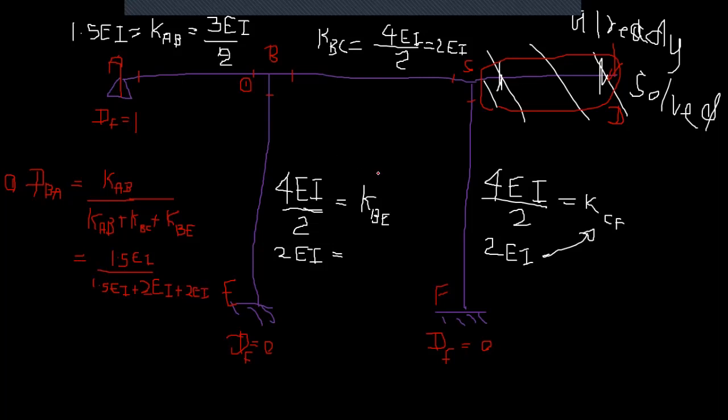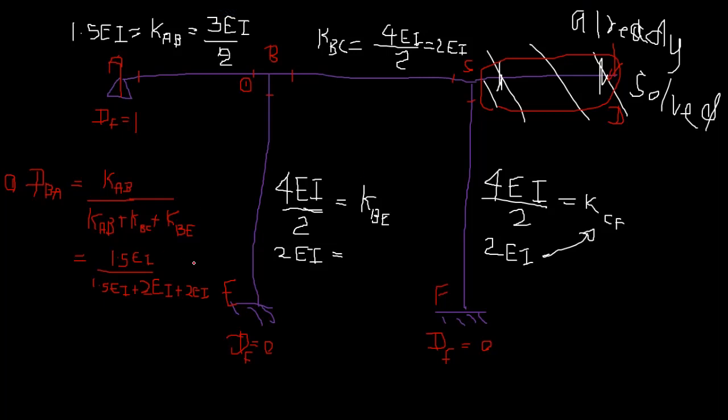So what's this value? It will be 1.5 over 5.5, so that's going to be 0.27.